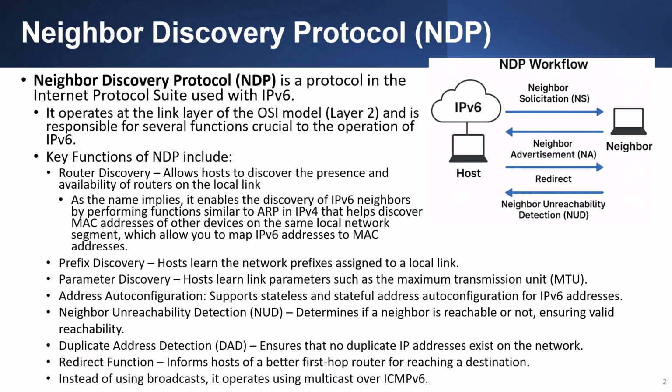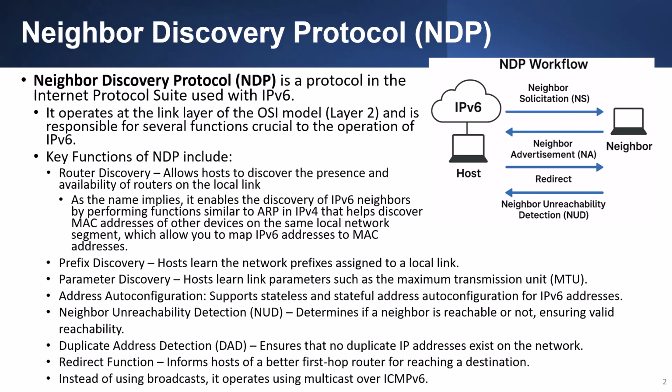Prefix discovery allows hosts to learn the network prefixes assigned to a local link. Parameter discovery allows hosts to learn link parameters such as the maximum transmission unit, or MTU. Address auto-configuration supports stateless and stateful address auto-configuration for IP version 6 addresses.